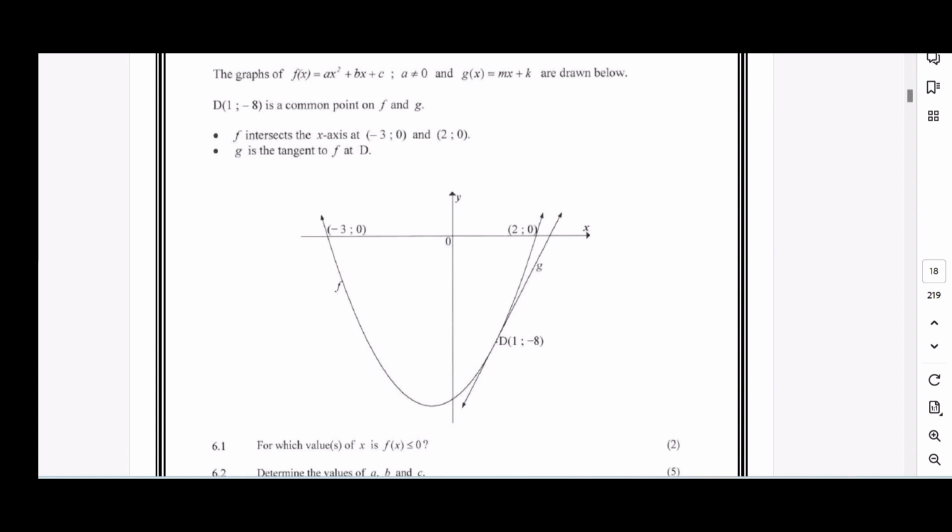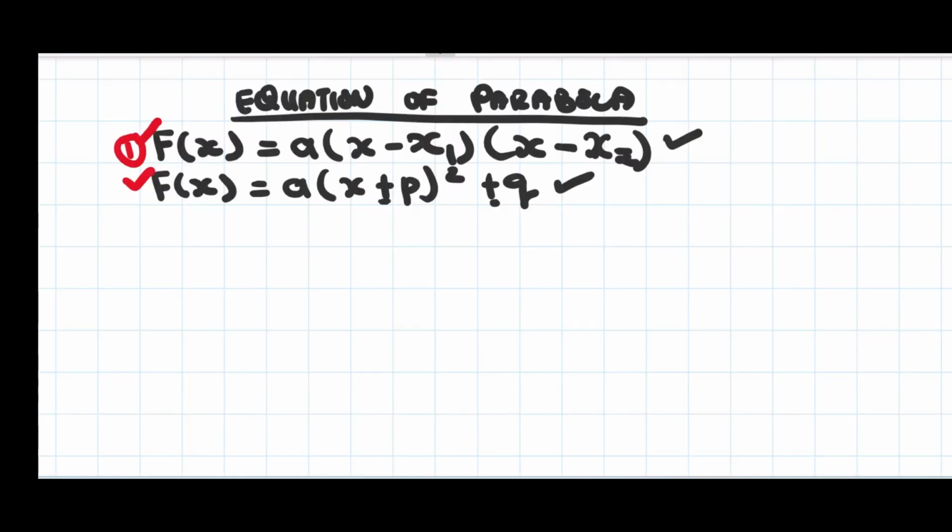This one is going to be the first x-intercept, and this one is going to be the second x-intercept. If you look at the formulas that I have given you, we have x1, which is the first x-intercept, and x2, which is the second x-intercept. So we need to take that into consideration.